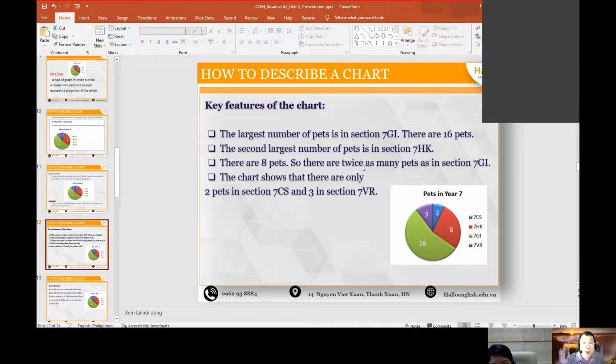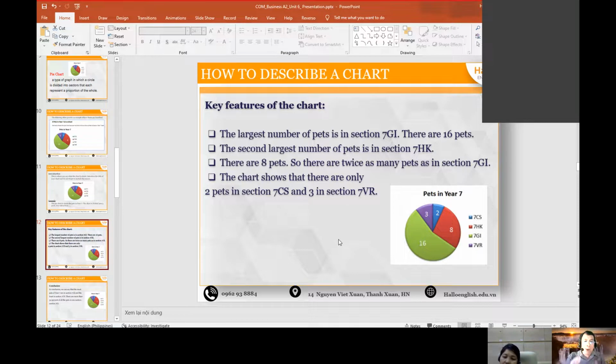So it's twice as many pets in section 7GI. Then you can also say the chart shows that there are only two pets in section 7CS and 3 in section 7DI.